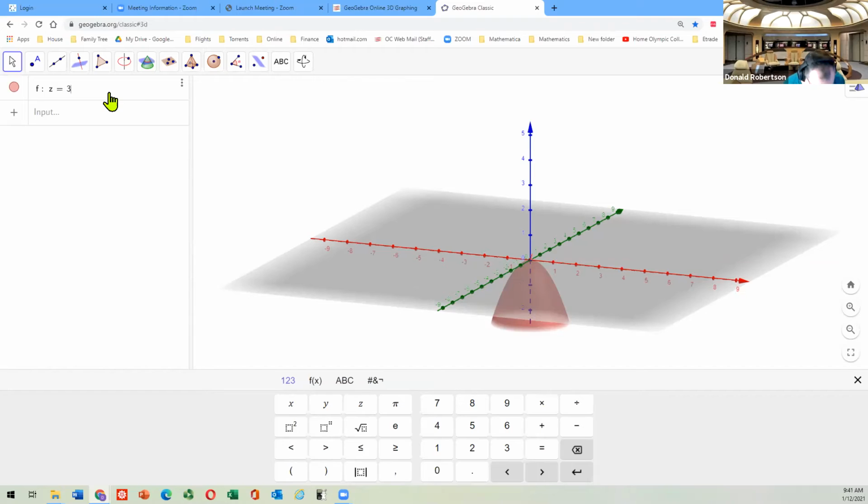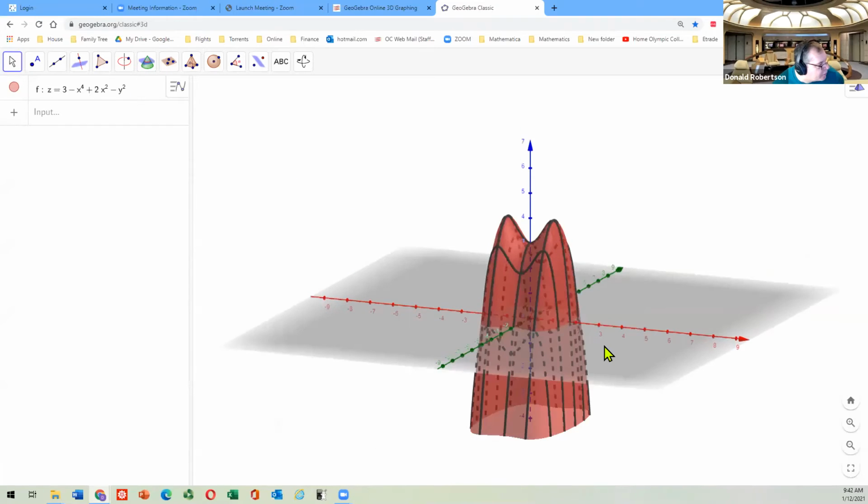So it's going to be 3 take away x to the 4 plus 2x squared, minus y squared. Click out of that. There we go.